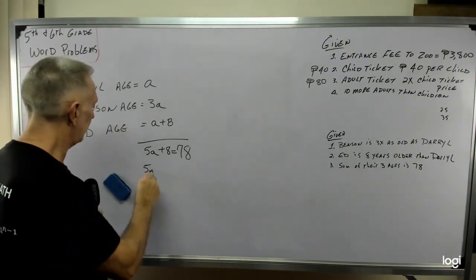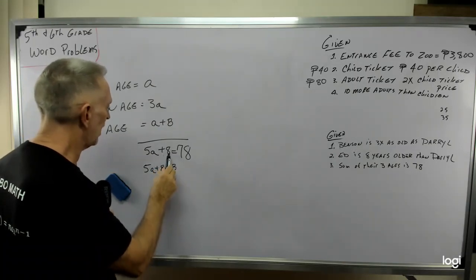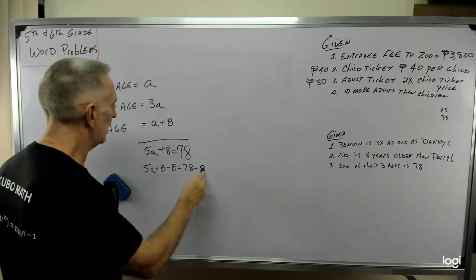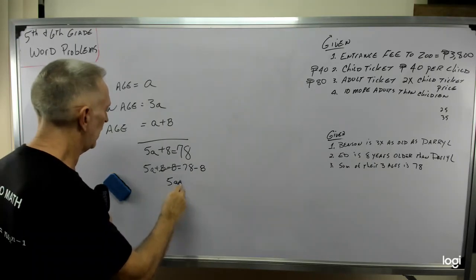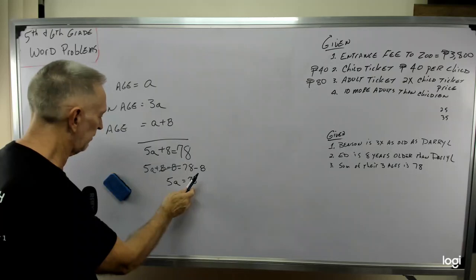Okay, 5A plus 8 minus 8, I'm going to subtract 8 from both sides. 78 minus 8, these 8's cancel. I end up with 5A equals 70. So 78 minus 8 is 70.